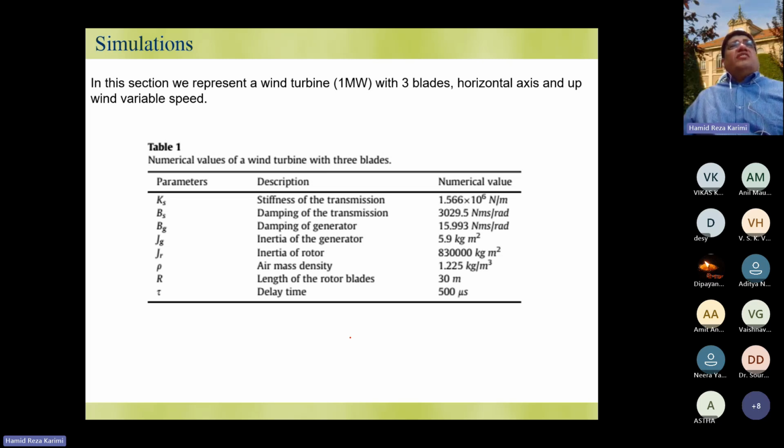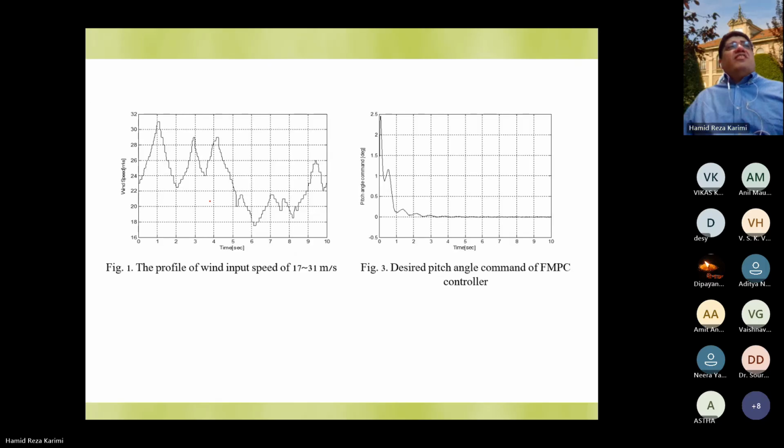This turbine, with these parameters, you can see in this slide. We try to do some simulation for the turbine with three blades, horizontal axis, and with these characteristics. This is the profile of the wind speed. The wind speed profile is like this.